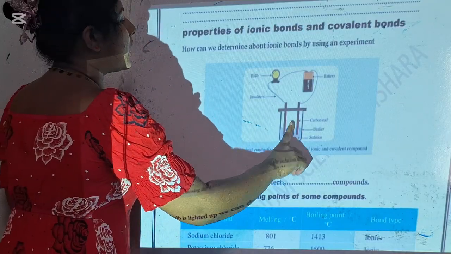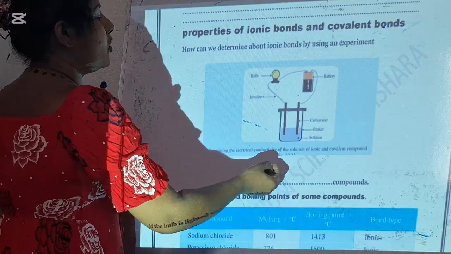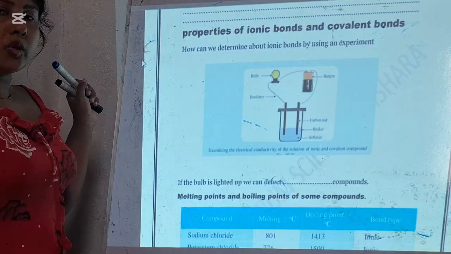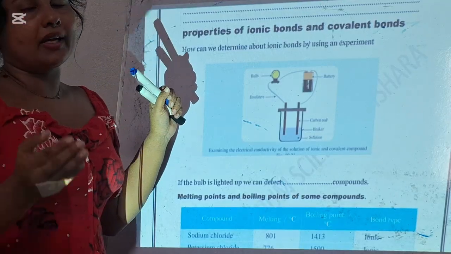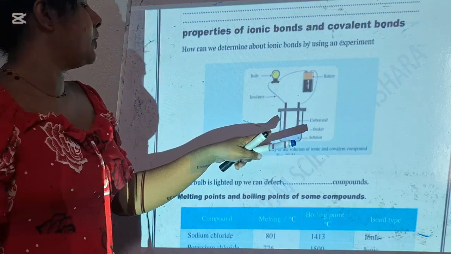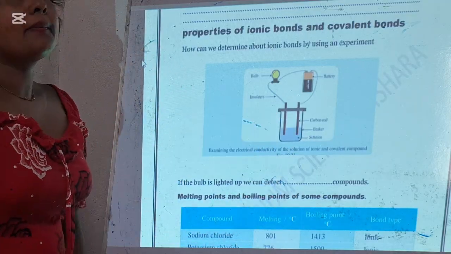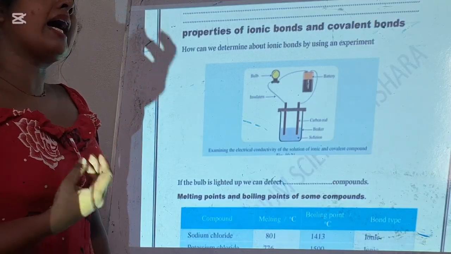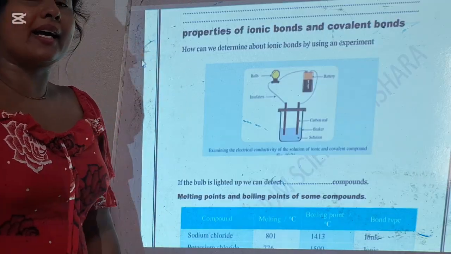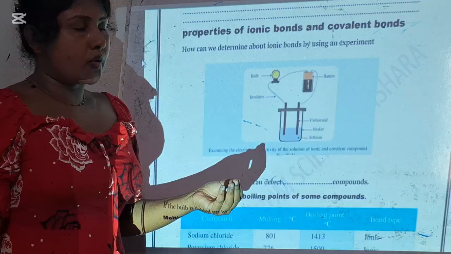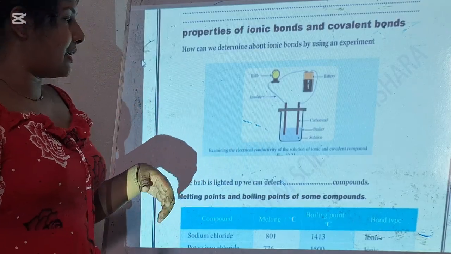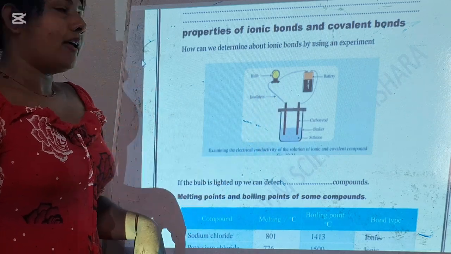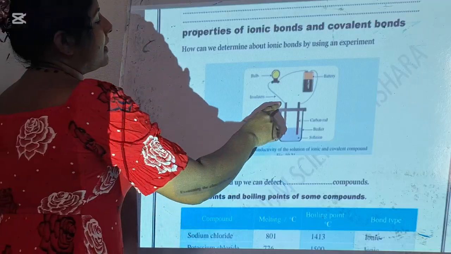Then we need 2 carbon rods. Then you need to provide the solution. It means the compound you take for identifying the covalent or ionic bond, you need to put into this beaker. ඔයාට sodium chloride ionic ද covalent ද කියලා බලා ගන්න ඕන නම්, sodium chloride solution එක අරගෙන මේ beaker එකට දාන්න තියෙනවා. Then put the 2 carbon rods. Then connect the circuit with connecting wires.